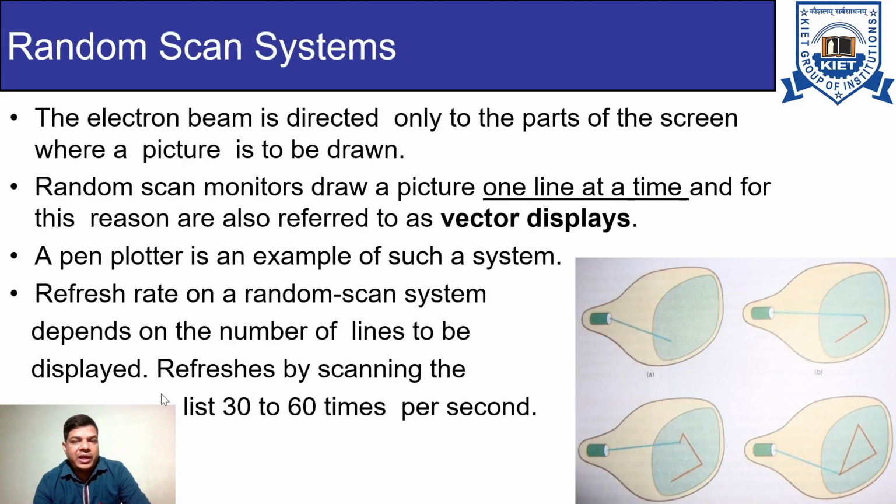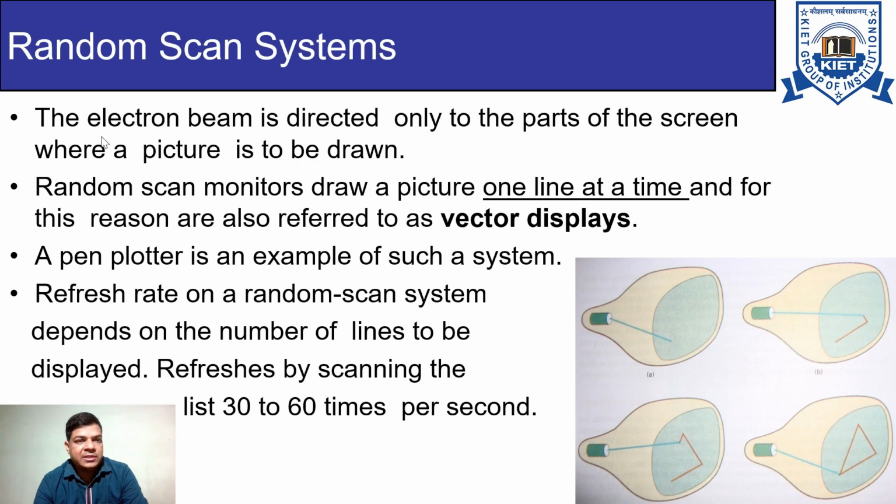Now the next system we could have is a random scan system, and the functioning of a random scan system is different in comparison to a raster scan system. These systems are also called vector displays.